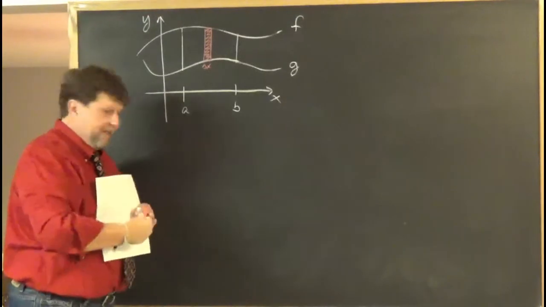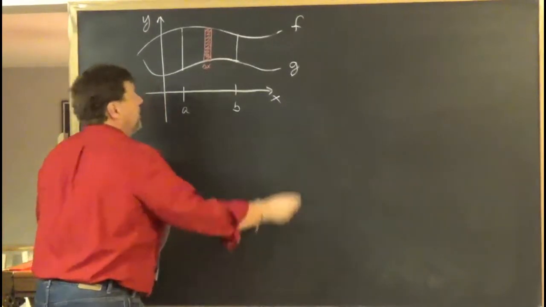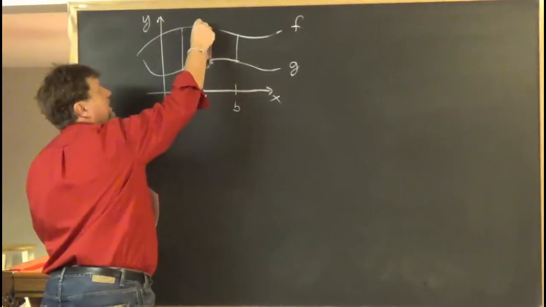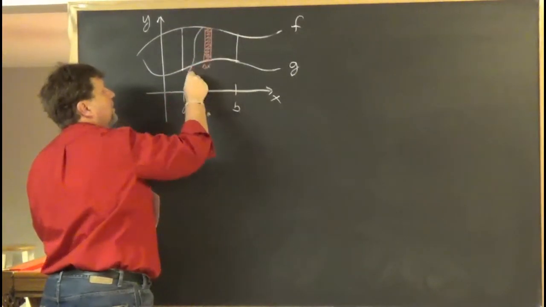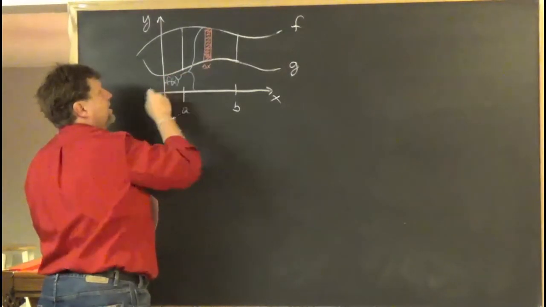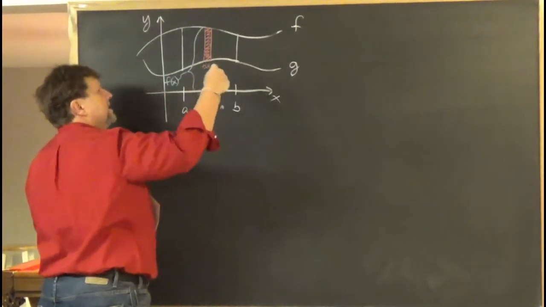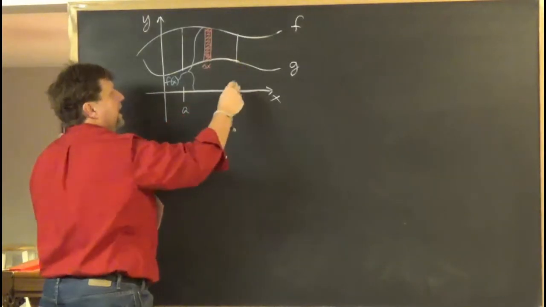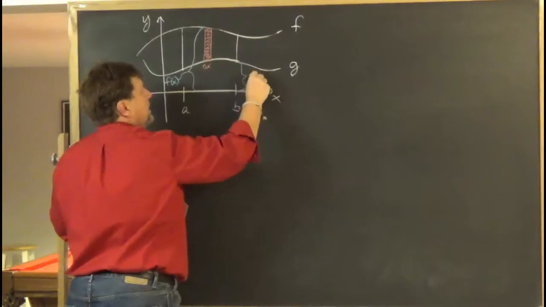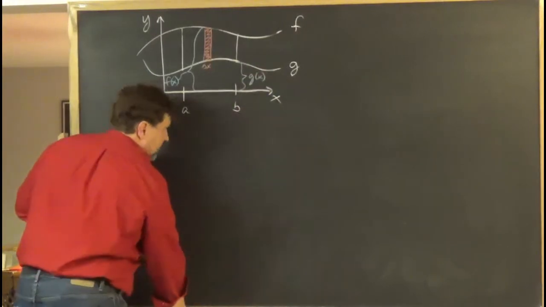Well, we know the distance from f to the x-axis. That's given by f of x. The distance from g to the x-axis is given by g of x.